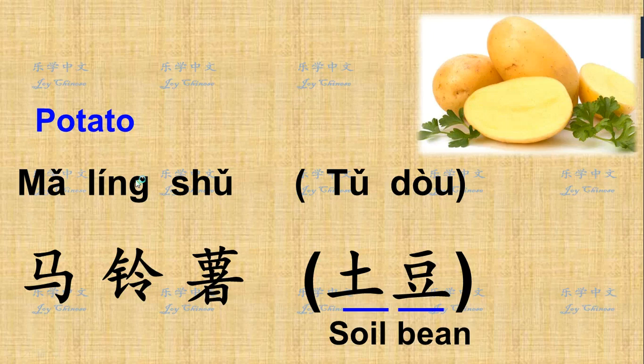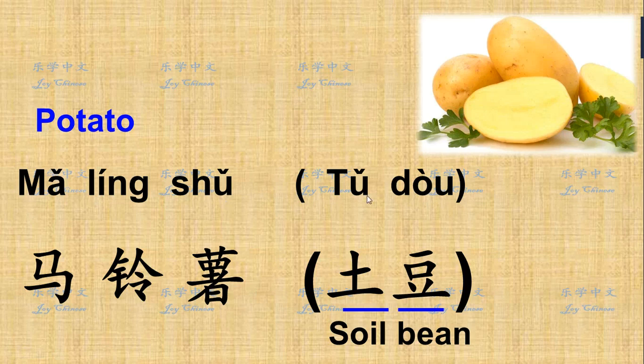This is potato. There are many different names for this potato in different locations of China. Here I introduce two common ones. The first one is the scientific name, 马铃薯. 马铃薯 means potato.